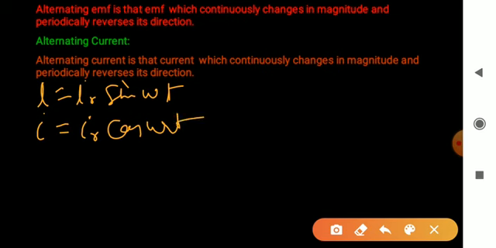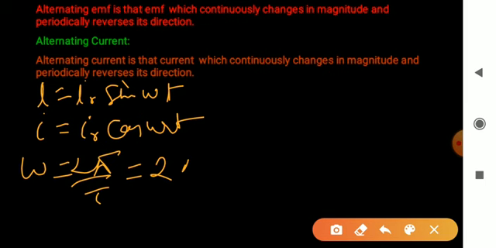Where I is the instantaneous value of current at time t and I naught is the maximum value of current, called current amplitude, and omega is called the angular frequency of alternating current, given by omega equal to 2 pi upon T or 2 pi f, where T and f are the time period and frequency of AC.